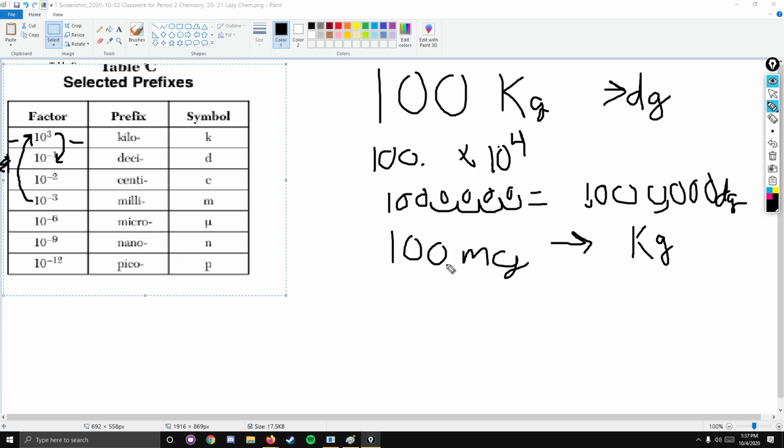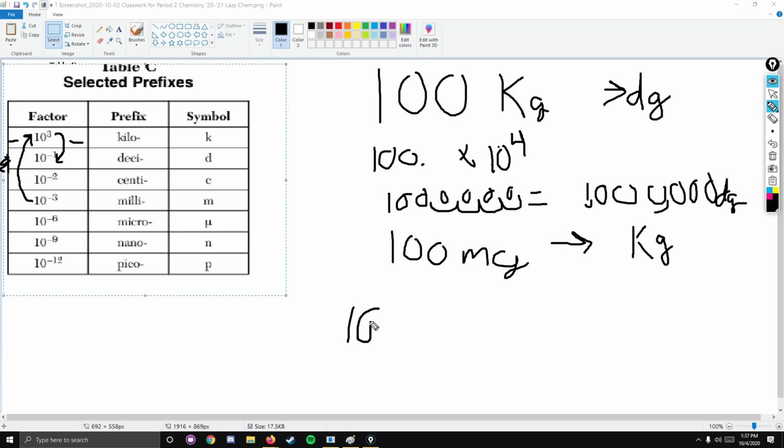But this time we're starting with milligrams, which is 10 to the negative third, and we subtract kilograms, which is 10 to the positive third. So 10 to the negative third minus 10 to the third is 10 to the negative sixth.